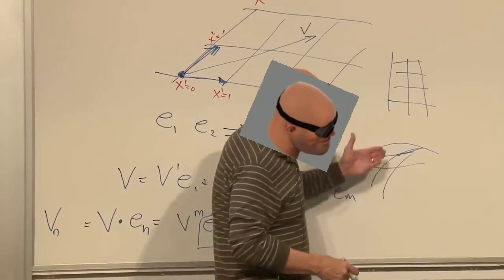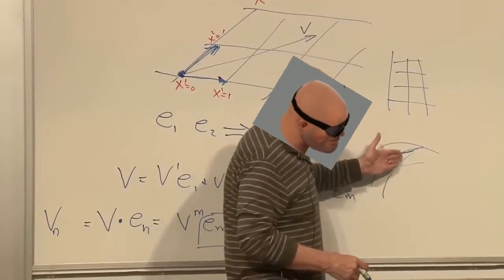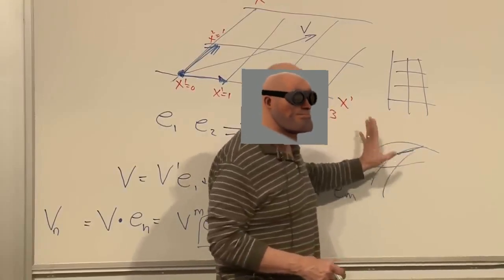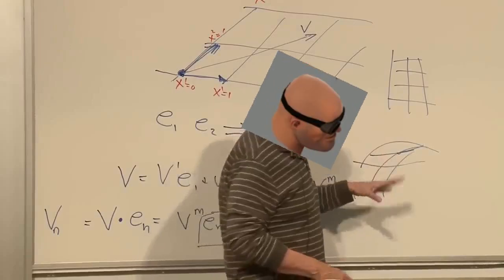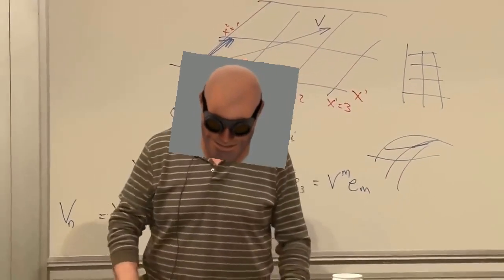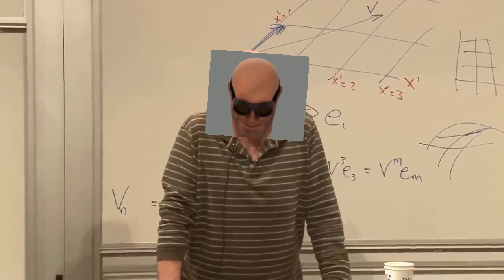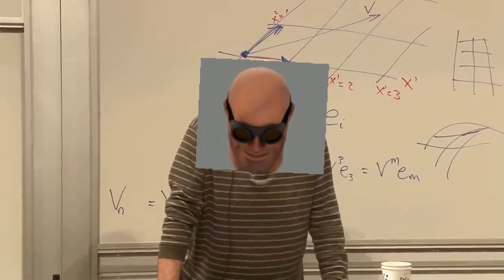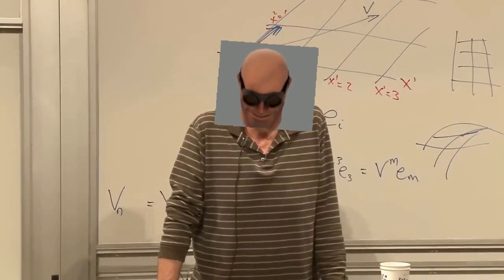Coordinate directions, you know, the direction along which one of the coordinates increases, keeping the other ones fixed. That's what we're talking about. Those are typically not orthogonal to each other.